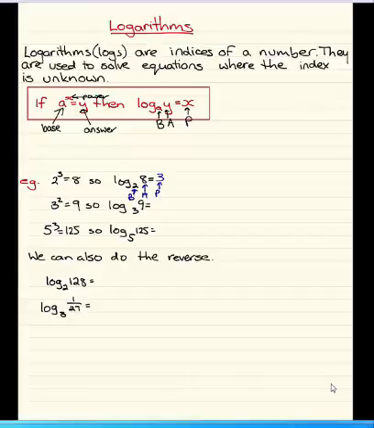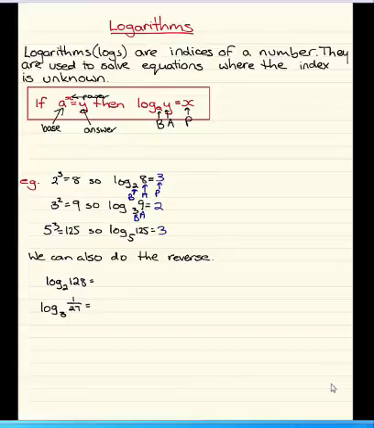All right, so log base 3 of 9. Your base is 3, your answer is 9, and because 3 squared is equal to 9, the power is 2. We know that 5 cubed is 125, so log base 5 of 125 is equal to 3, because it's 5 to the power of 3.